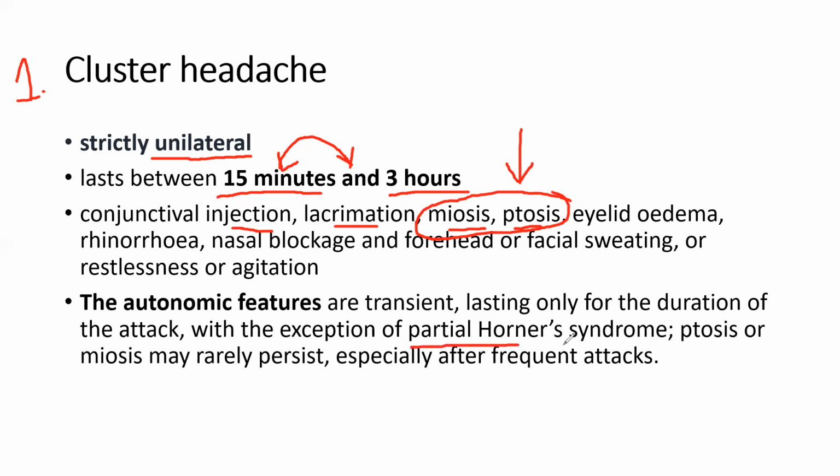So you will get a Horner syndrome in some attacks. Second, there could be eyelid edema, rhinorrhea, nasal blockage, facial swelling, or particularly sweating. These are more features of the autonomic syndrome. There will be some parasympathomimetic action, there will be some sympatholytic action. These features will be present in all sorts of trigeminal autonomic cephalgia.